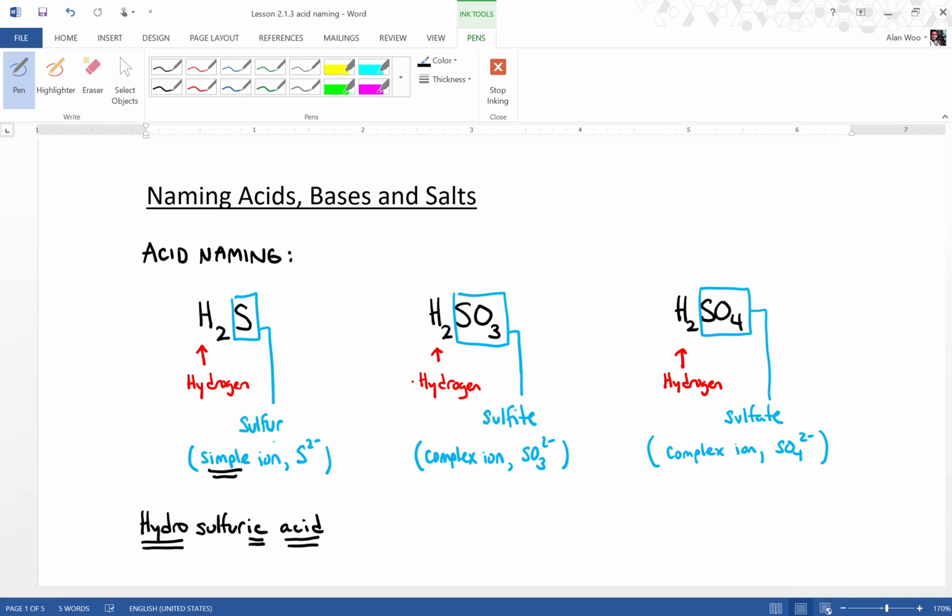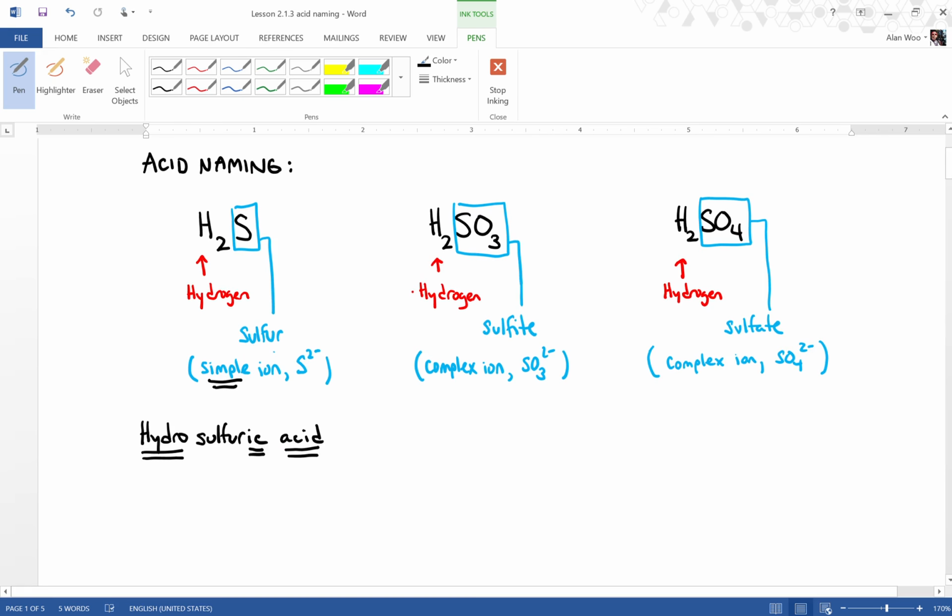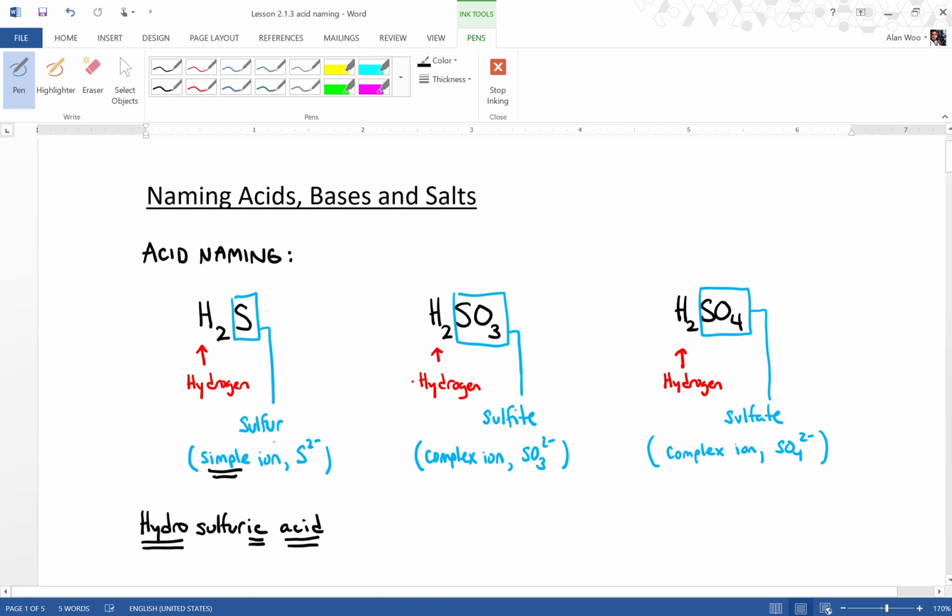For the next one, because the next two are both complex ions, they follow similar naming patterns, but to distinguish between the SO3 and the SO4, we look at the endings of the complex ion. This one here ends in ite, so it has an ITE ending for the complex ion. And this one ends in ate.